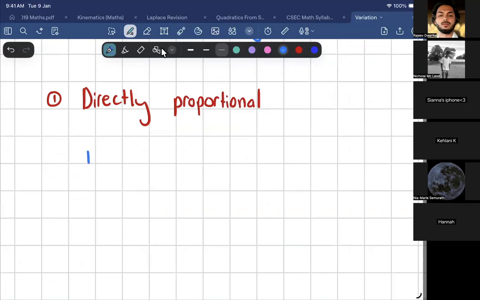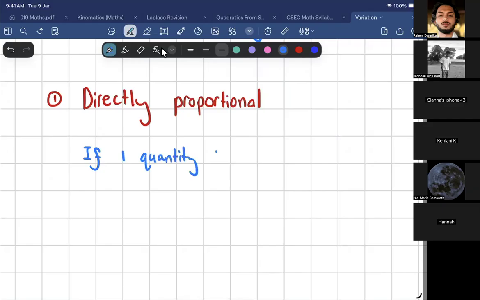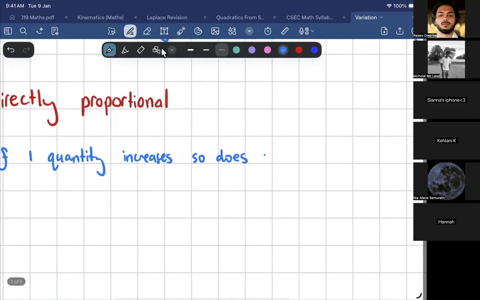If one quantity goes up, what happens to the other quantity? It goes up too, yes, because they're directly proportional. So if one quantity increases, so does the other quantity.